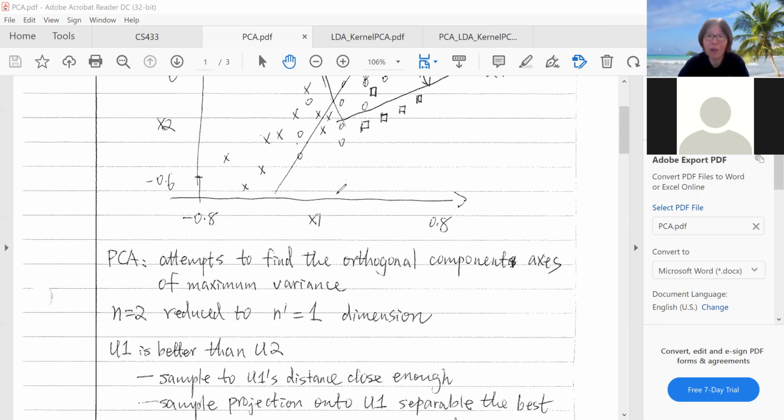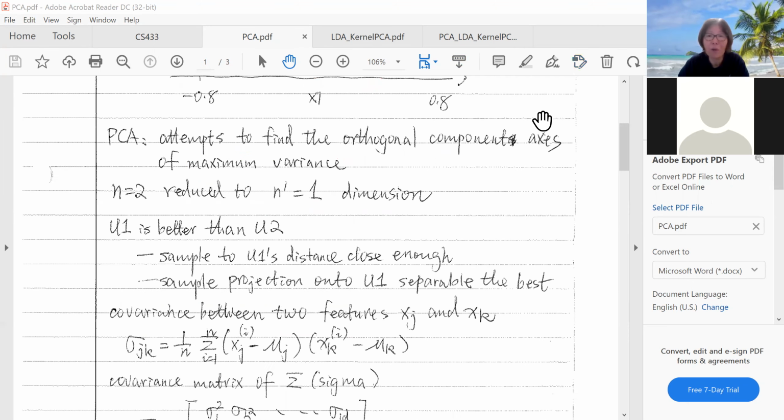And also over here, for U1 and U2, why do we see U1 is better than U2? Because the sample's distance to U1 is close enough, and the projection on U1 is separable the best.